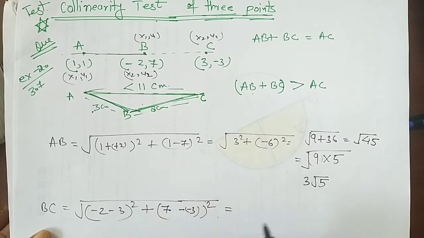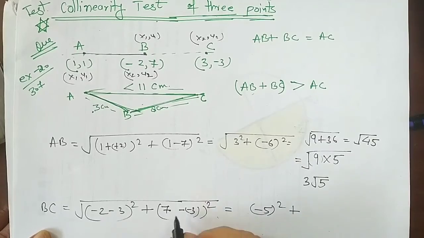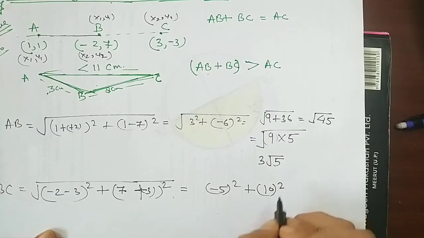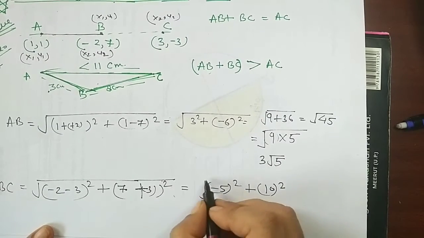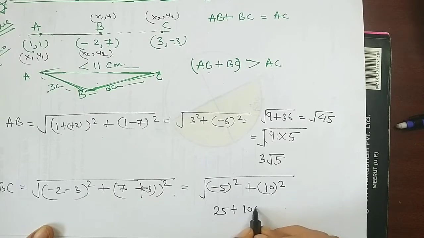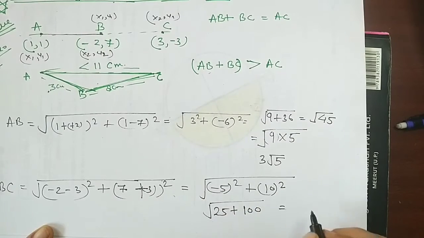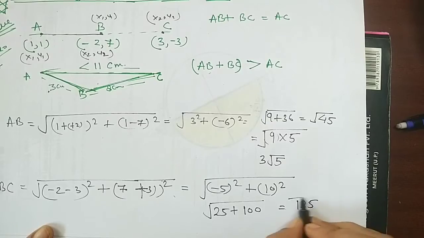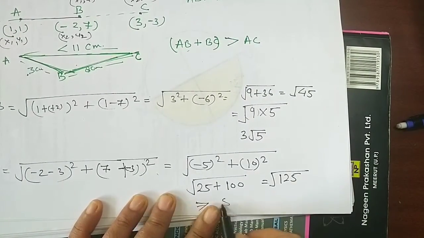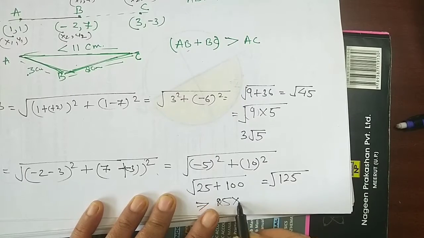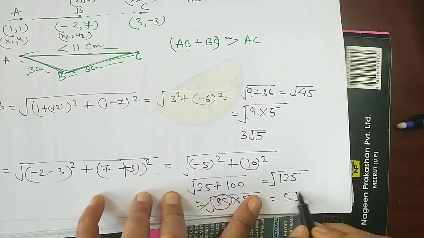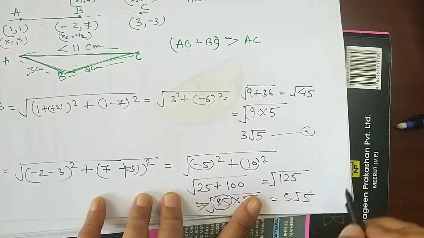This is minus 5 square plus, this will become plus, so 7 plus 3 is 10 square, under root. So what is this? 25 plus 10 square is 100. So I am getting 125 under root. Okay, 125 I can write as 25 into 5 root. Out of 25, 5 will come out, so 5 root 5. So this is my first and this is second.